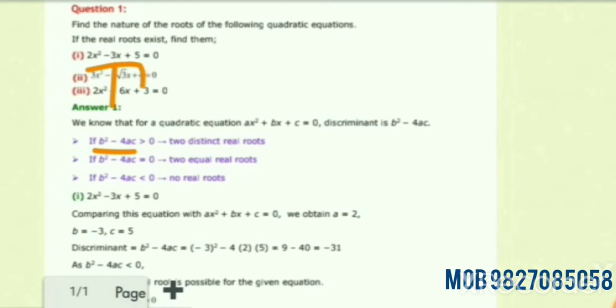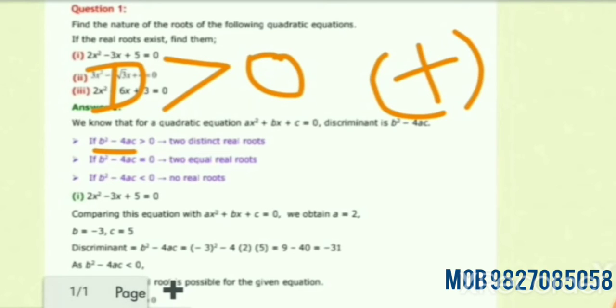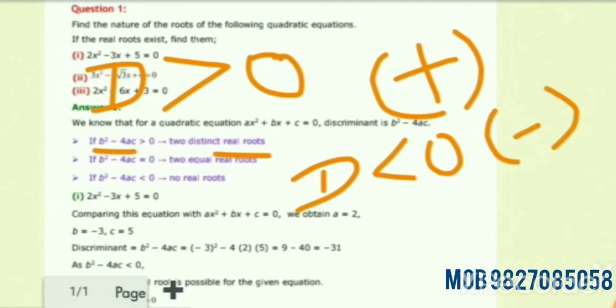So when D is greater than 0, the nature of roots is real. Okay, if D is less than 0, then the roots are not real.